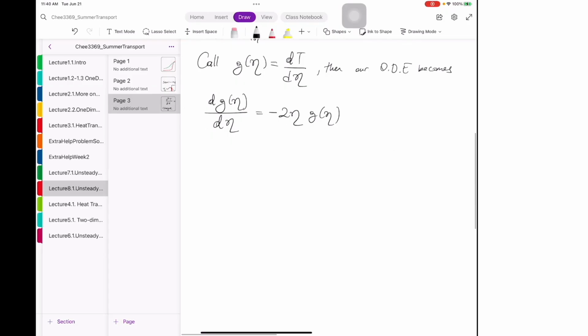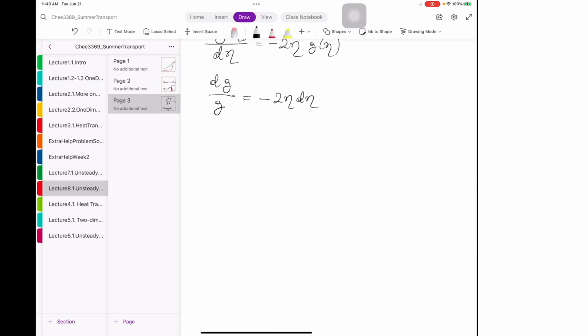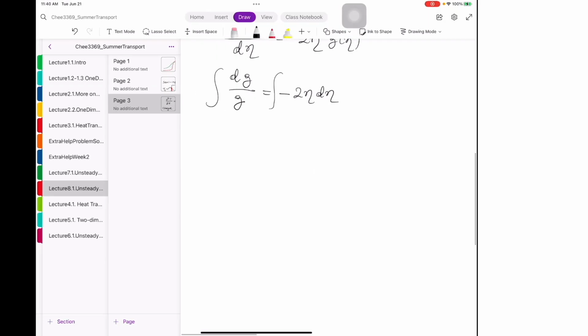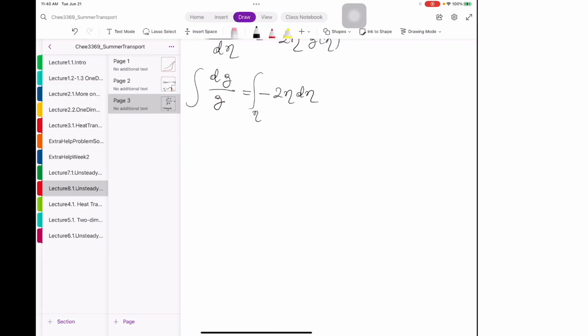Let's collect all the g etas and etas on separate sides. dg over g is equal to minus 2 eta d eta. And you can take the integral of both sides. Okay, how shall we do this? Let's not do a definite integral, but an indefinite integral.